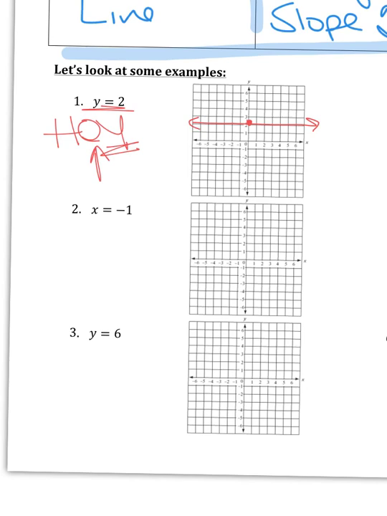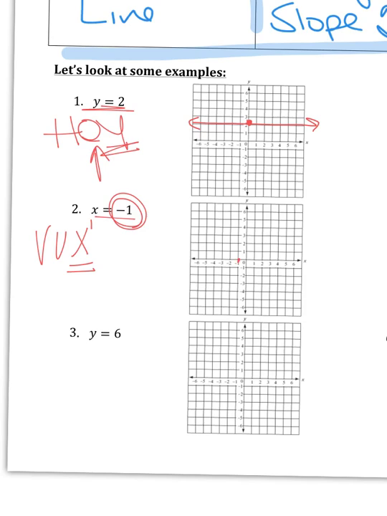Easy peasy. If I look at number 2, it says x equals -1. And x equals -1, is that going to be a HOY line or a VUX line? Well, it's going to be a VUX line because VUX has an x and your equation has an x. So now it says x equals -1. So I'm not going to plot -1 on the y-axis. I'm going to plot -1 on the x-axis because it says x equals -1.